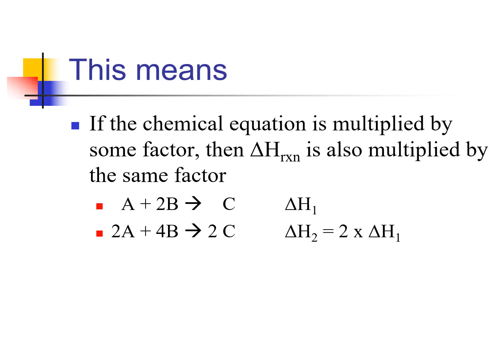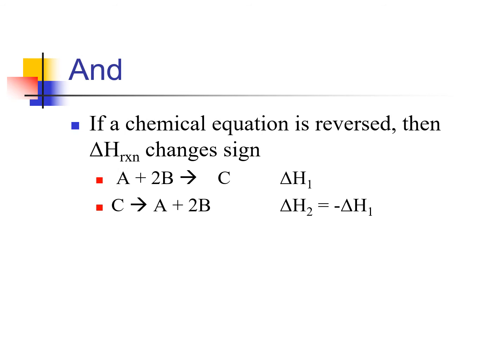So, a few things. If I have a reaction, if I double all the coefficients, I double the heat. If I tripled the coefficients, I triple the heat. If I reverse an equation, you reverse the heat. So we see reaction 1, and reaction 2. The only difference between them is reaction 2 is the reverse of reaction 1.